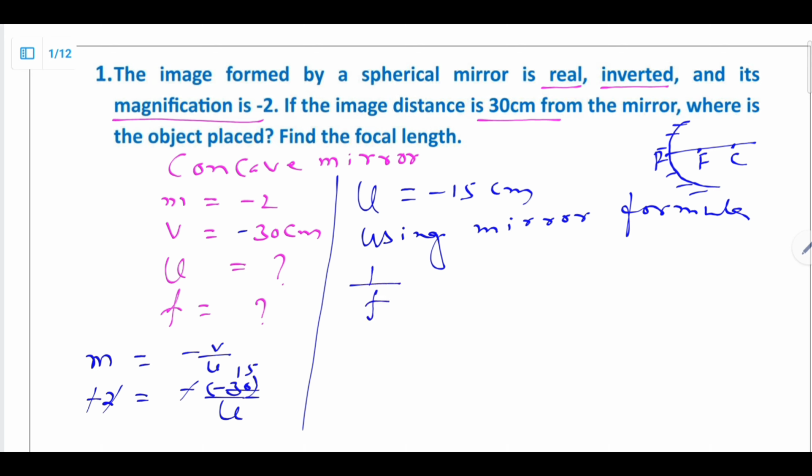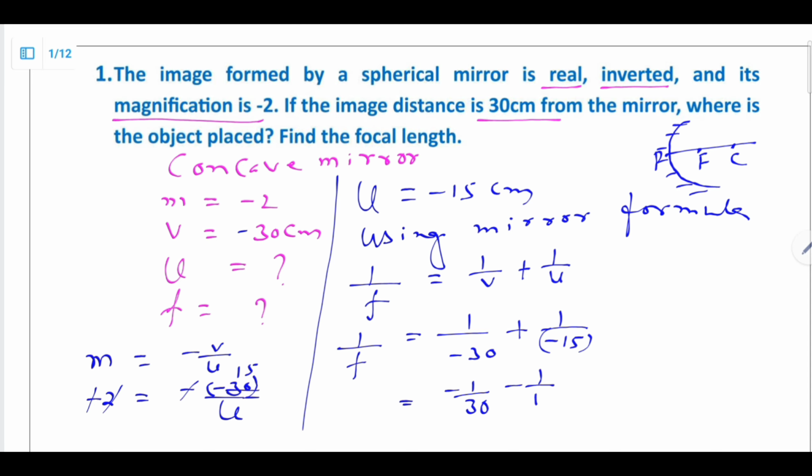1 by f equals 1 by v plus 1 by u. What is the v value? -30, and u equals -15. So 1 by f equals -1 by 30 minus 1 by 15.